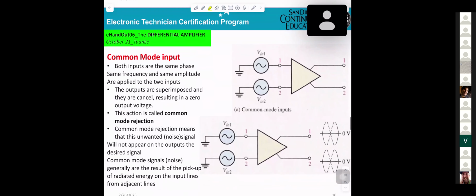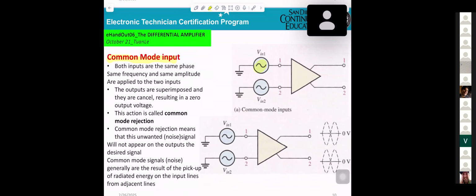We say common mode input. Both inputs are the same phase, same frequency, same amplitude, applied to the two inputs.